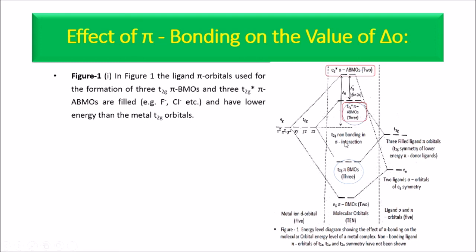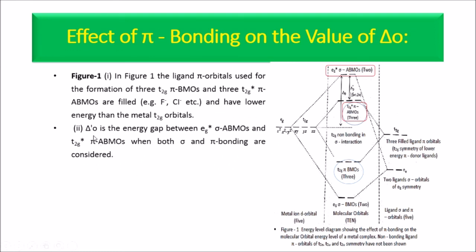So this has lower energy than the metal T2G non-bonding orbitals. Hence, delta dash O is the energy gap between Eg star sigma ABMOs and T2G star pi ABMOs. When both sigma and pi bonding are considered, sigma donation and pi donation considered, our energy gap is only this much.